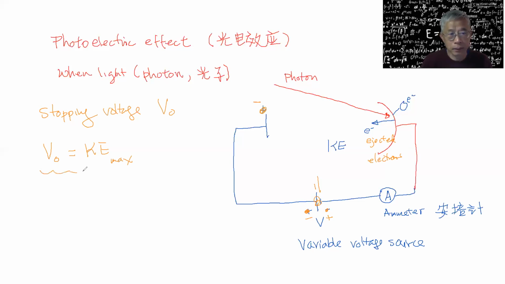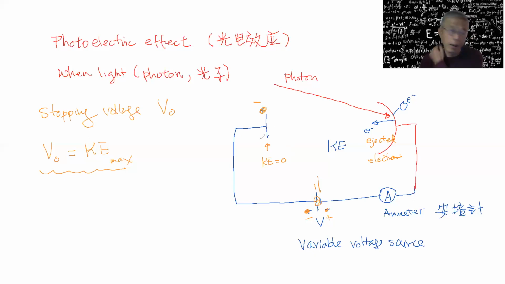So that is why this is called the stopping voltage. When the electron has kinetic energy and is overcoming the electric potential, when it arrives here, its kinetic energy becomes zero.